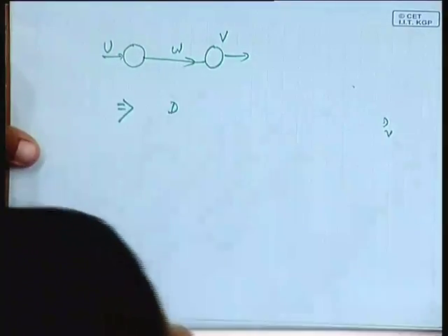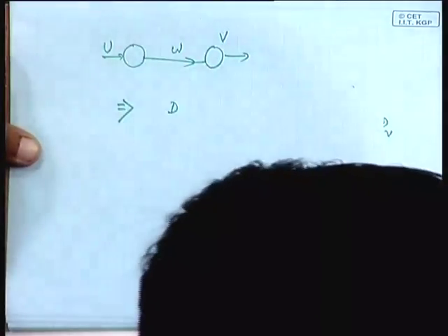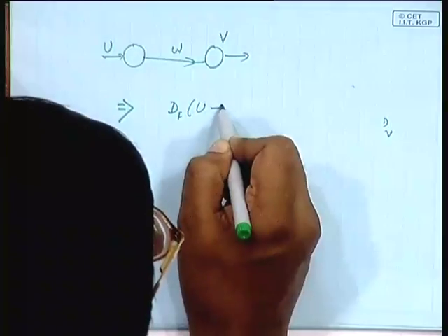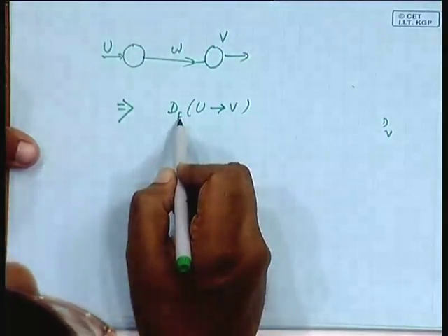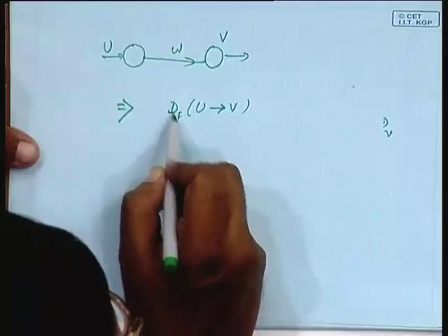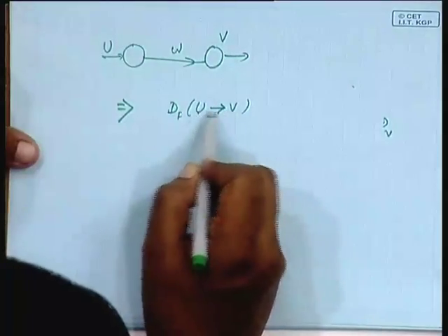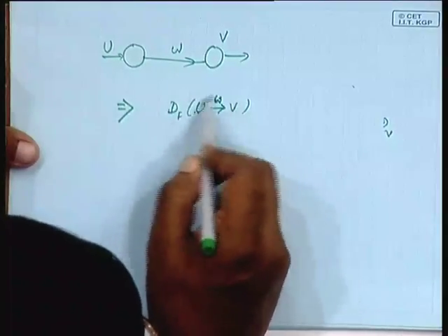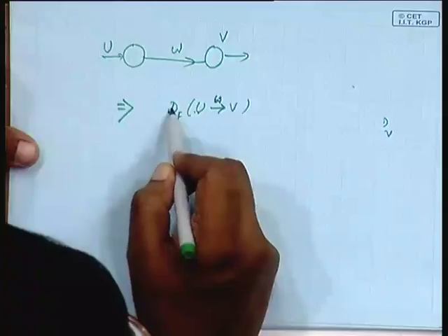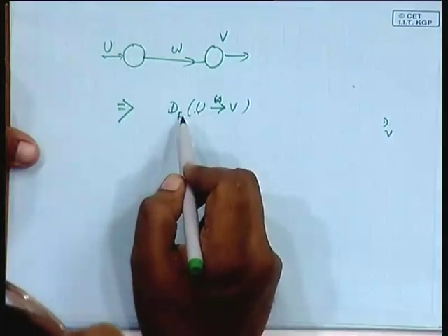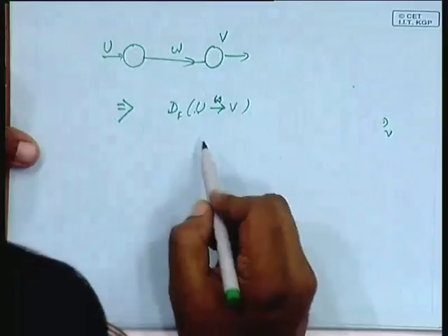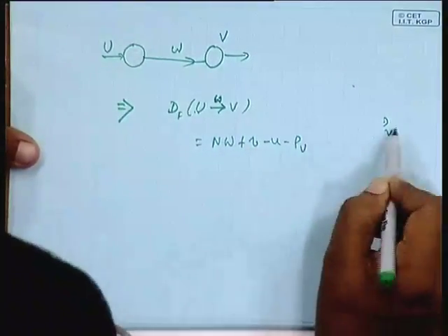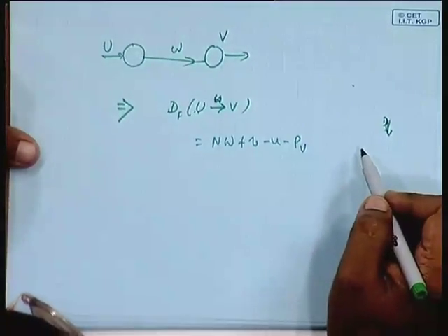If it is given like this to you, we say DF; let me see the notation used in the book. There is a notation DF(U to V), F for folding, D for delay: the folded delay of what? Previously there was an edge U to V with weight W. On that, if you apply folding, the new delay for this path is equal to what we found: N W plus V minus U minus PU.